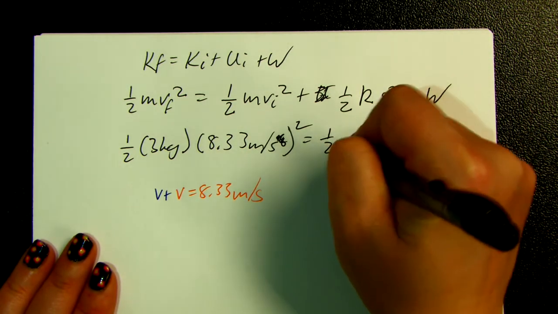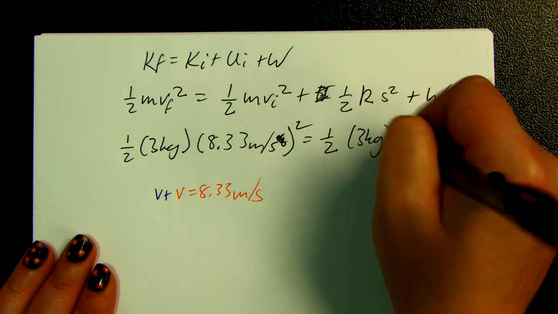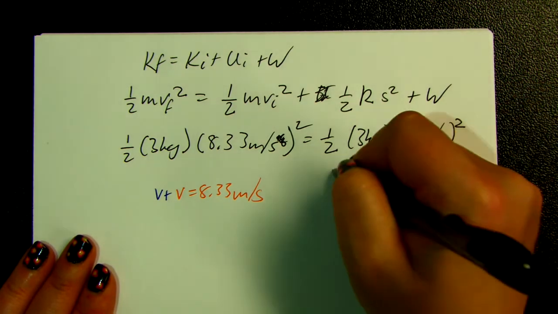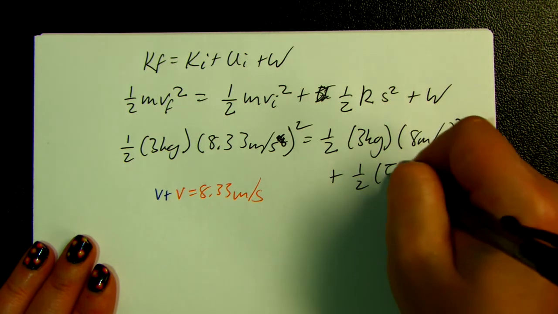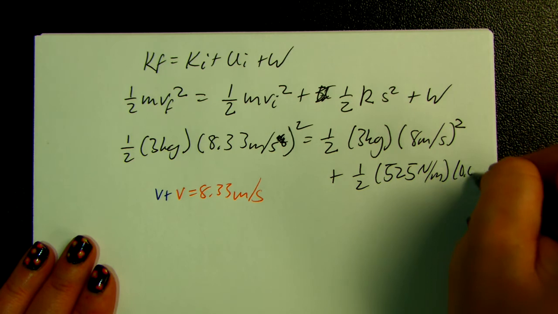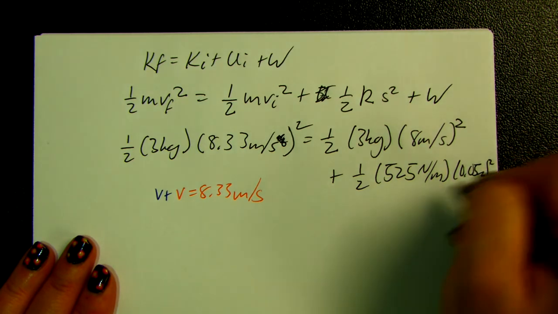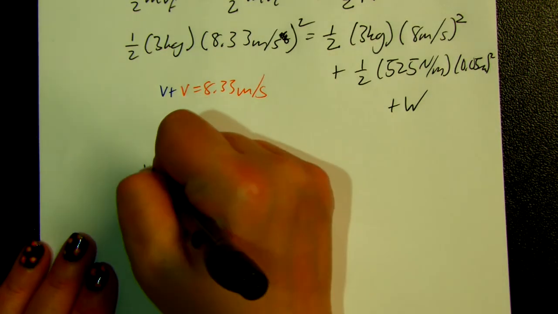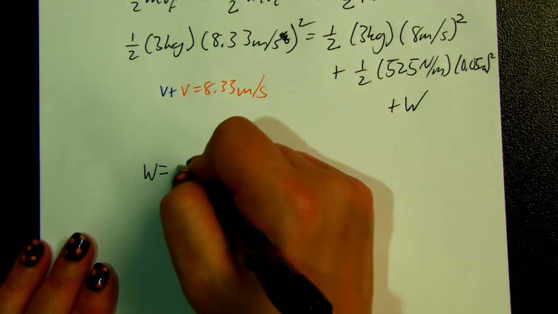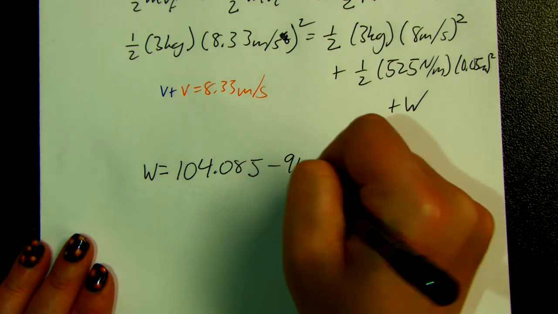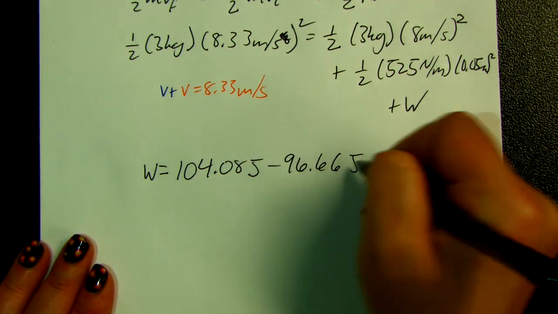This is equal to 1/2 times 3 kilograms times 8 meters per second, quantity squared, plus 1/2 times 525 newtons per meter times 0.05 meters, quantity squared, plus work. And so we get work is equal to 104.08 joules minus 96.66 joules.